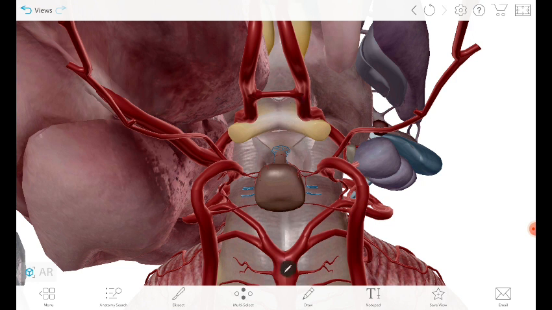So this is our circle of Willis being formed by the two posterior cerebral arteries, the posterior communicating arteries, the internal carotid arteries, the anterior cerebral arteries, and the anterior communicating artery. So this finishes our video on the arterial supply to the brain and circle of Willis.